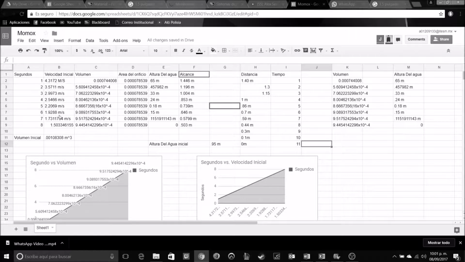So the initial velocity, we got it with the formula that I mentioned before, and this is the volume of water that got out at second number 1. This is the area of the hole where the water came from.